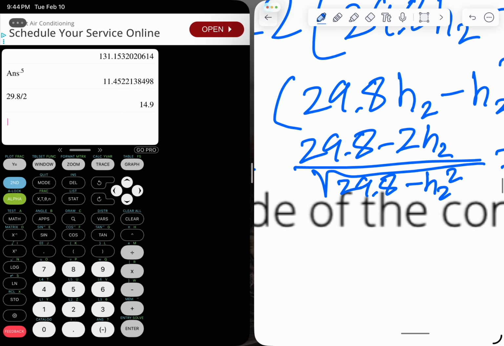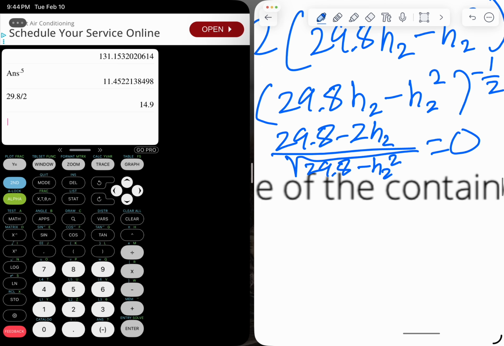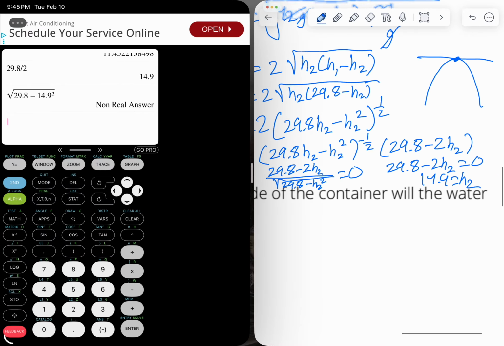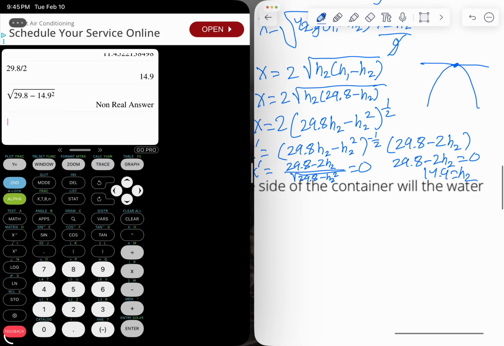Then I'll put it back into the denominator and make sure that it's an actual point on the graph. So if I do the square root of 29.8 minus h2 squared, I get a not real answer. That's quite annoying.